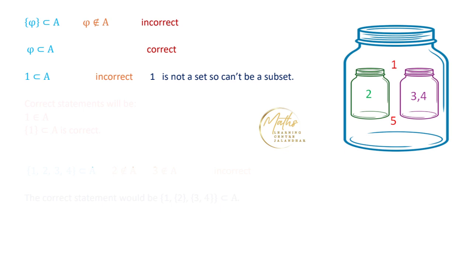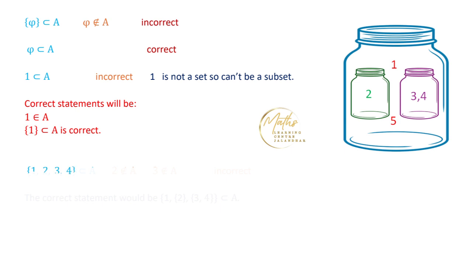The correct statement will be, either we have to write 1 belongs to A, the element 1 belongs to A, or we have to write the set {1} is a subset of A. So either we write this statement in this form, or in this form.